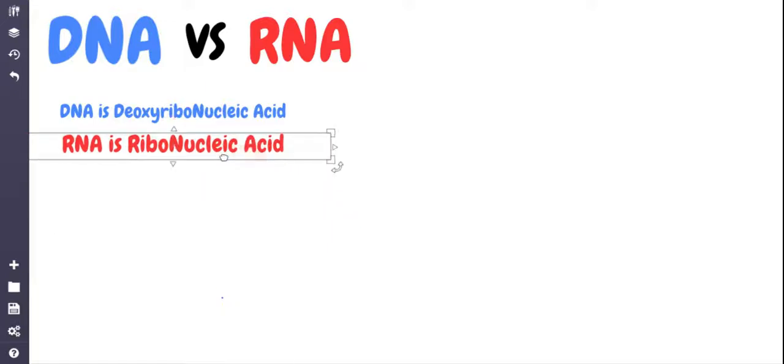So they're very similar, except DNA has this in front, deoxyribonucleic acid. DNA and RNA are both nucleic acids, a type of biomolecule. Both have nucleotides, and the nucleotides for DNA and RNA are the same.